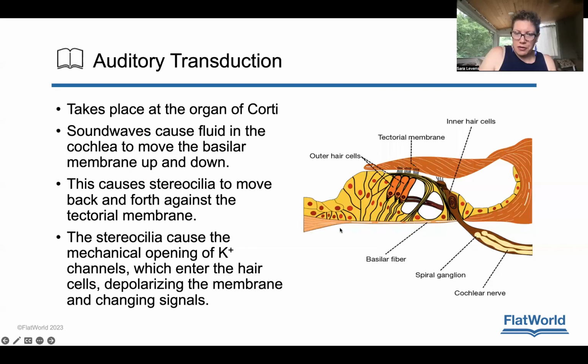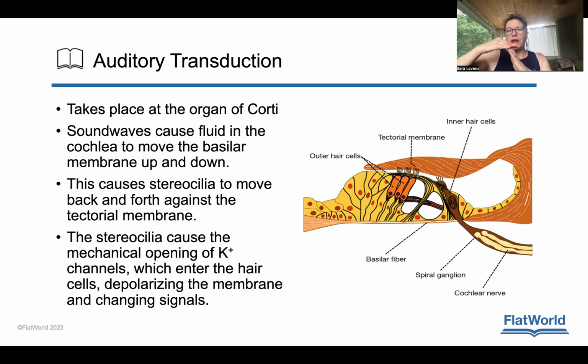This then causes the stereocilia to move back and forth against the tectorial membrane. They can't move up here, they're embedded, but this part can move down here. So you get this movement coming from below at this inflexible tectorial membrane, and this would then have to cause the stereocilia to bend or move because one part is moving and the other part is inflexible.